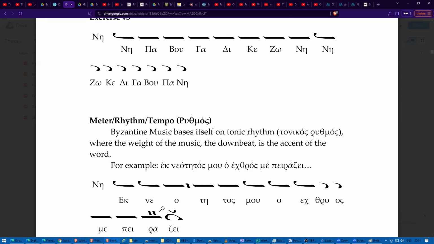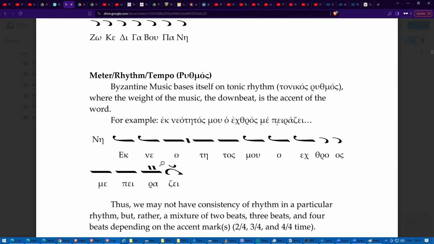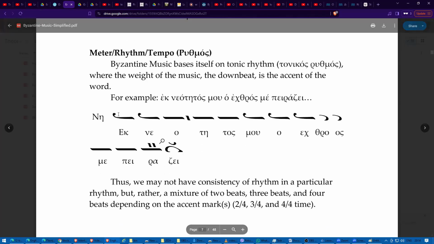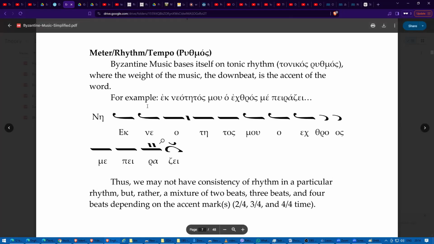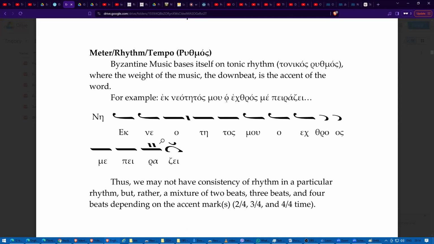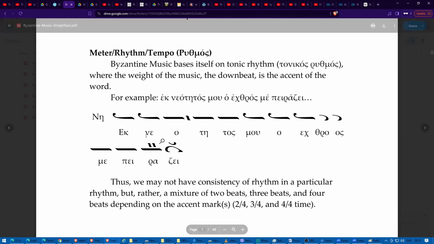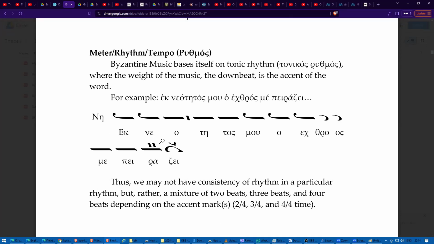So, for example, in this part here, I would go ni, ni, vu, ga, vi, ga, vu, ga, vi, ke, zo, vi. And don't worry about some of the characters that we haven't gone through. We will go through a couple more of them in this lesson.